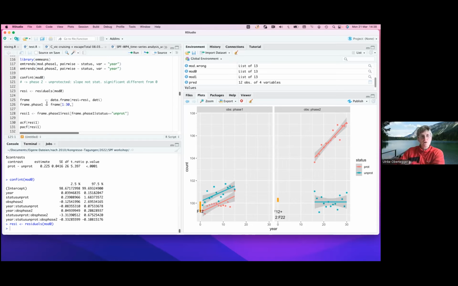Therefore, we have to take the right residuals for inspecting the residuals of the different relationships. So it's not that you can just take the residuals and then run the autocorrelation function.